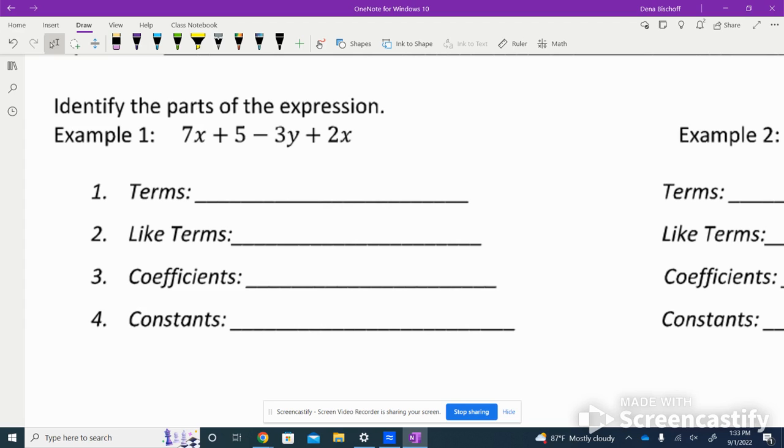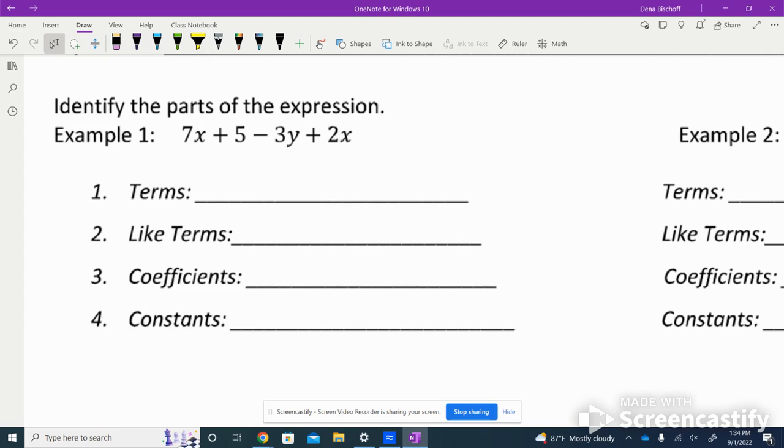So my coefficients are 7, because that's attached to the x. Negative 3, because that's attached to a letter.